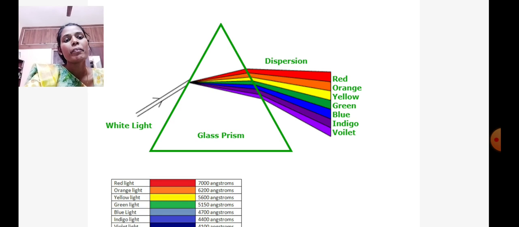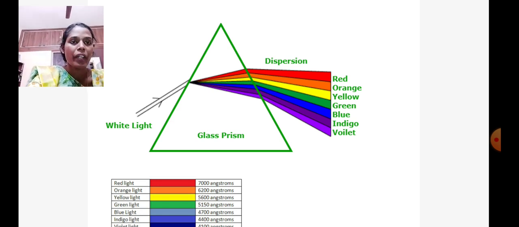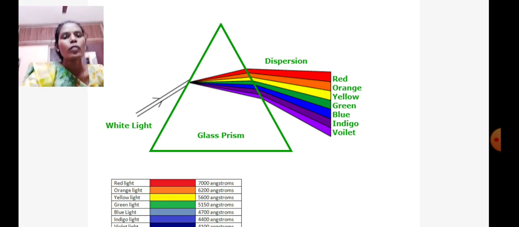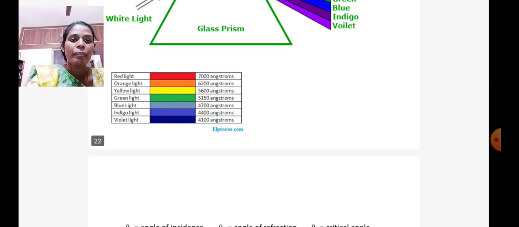When white light passes through a prism, it gets dispersed into seven different colors. It is very well known: VIBGYOR colors: violet, indigo, blue, green, yellow, orange, and red. We send only a single white light, but this white light is dispersed into various colors. This phenomenon is said to be dispersion.